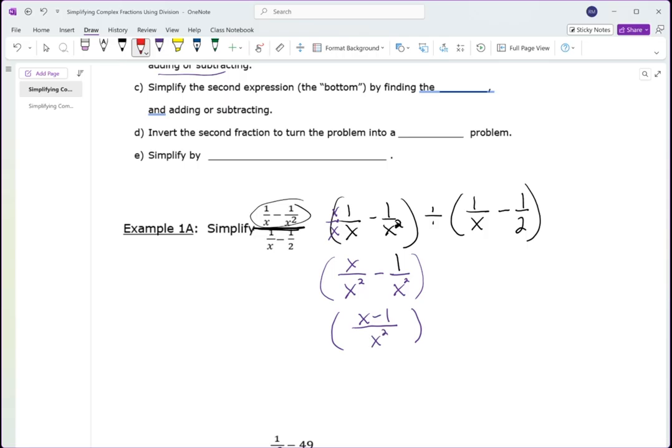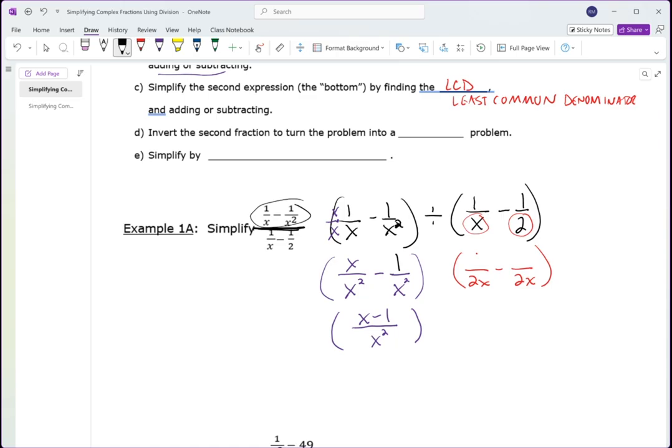Then we're going to do the exact same thing. We're going to find the least common denominator for the second expression. So if I look at 2 and x, the least common denominator is just going to be 2x. So I'm going to need to rewrite these with 2x as my denominator.